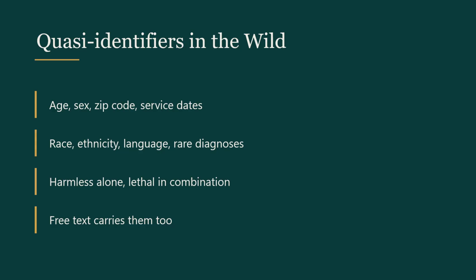Dates of service: admission, discharge, procedure, and death. Race and ethnicity. Spoken language, and rare or highly visible diagnoses. That is the canonical list from the disclosure control literature, and almost every health release you will ever assess is built from it. Now the nuances that separate a careful classification from a careless one.